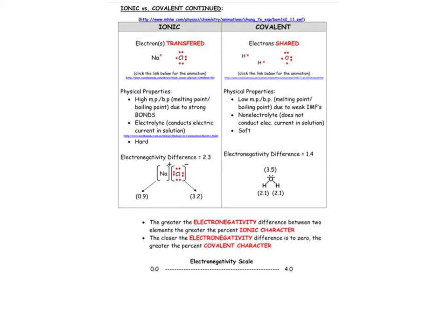Because there's a less extreme difference in electronegativity, the electrostatic attractions from one compound to another are quite weak, so they have very moderate physical properties like low melting points and boiling points. They are never electrolytes, and they are soft.